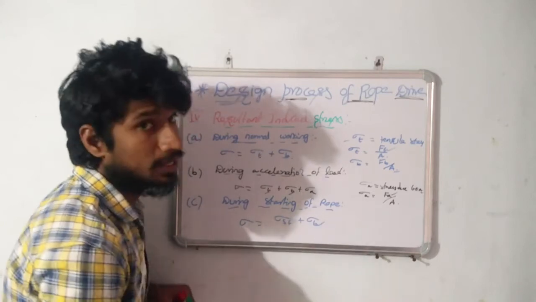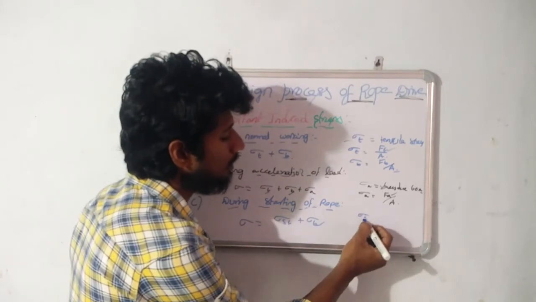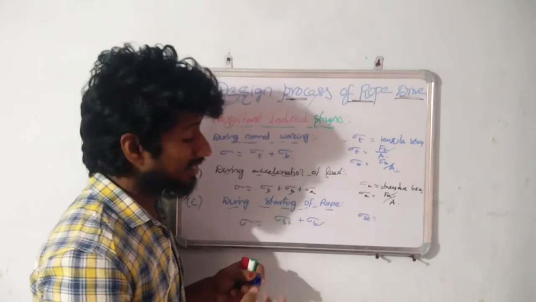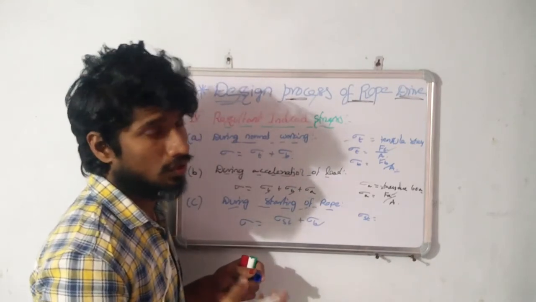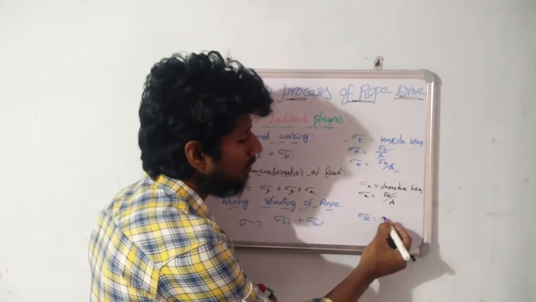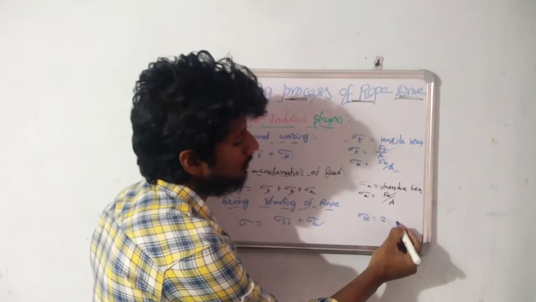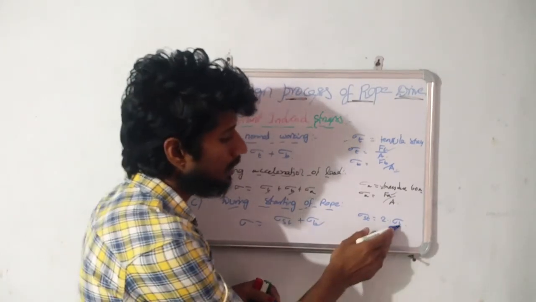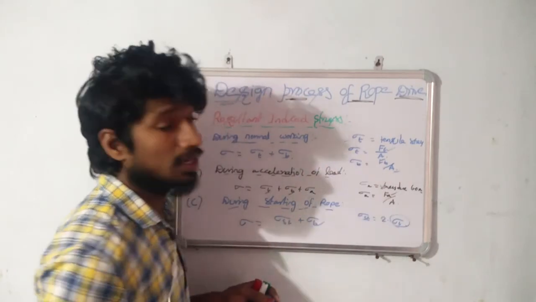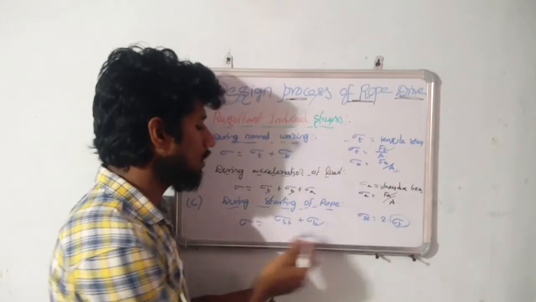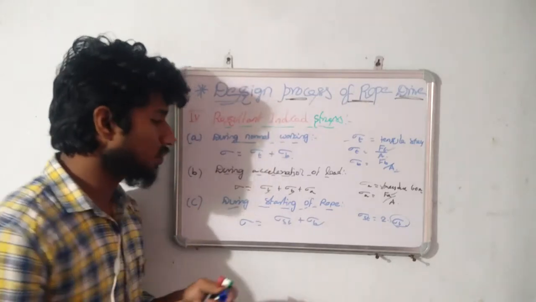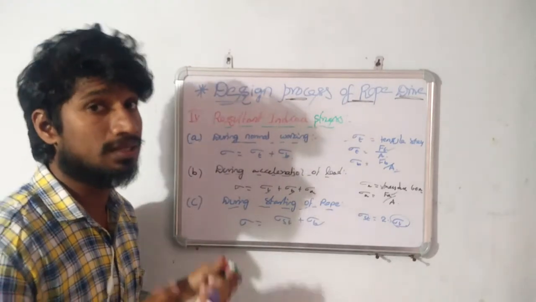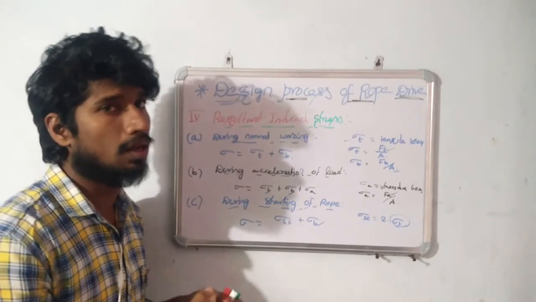Here we know sigma b is the bending stress, and what about the sigma st? Stress during the starting of the rope. How are we going to find out this one? 2 into sigma t times. Here we know the sigma t, we already found that one. When we know this one, it is easy to find out the resultant induced stress acting on the rope during starting.